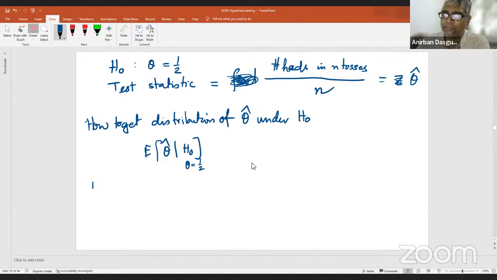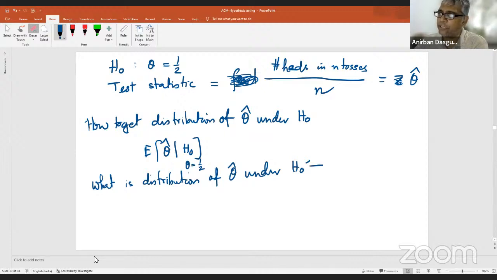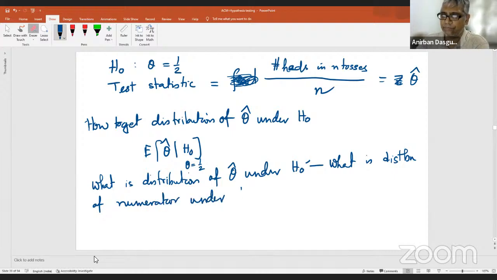What is the distribution of theta hat under H0? To do this, let us see what is the distribution of the numerator under H0, because the distribution of the numerator defines the distribution of theta.